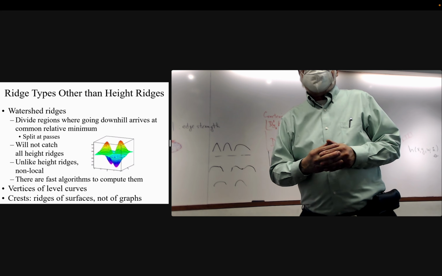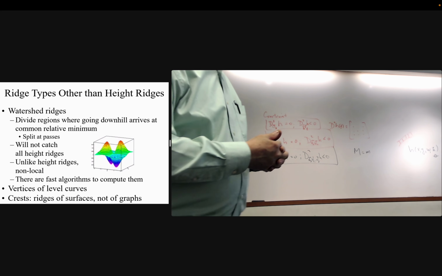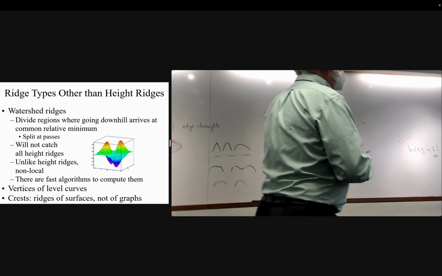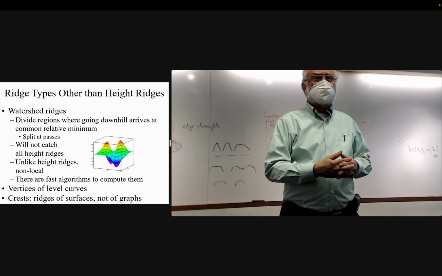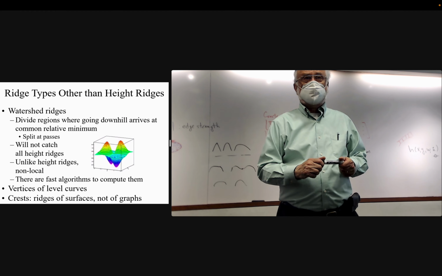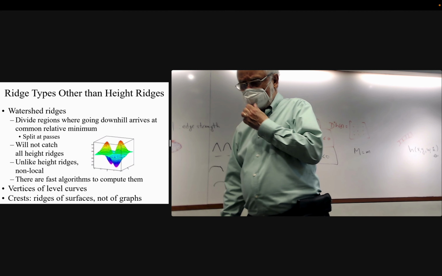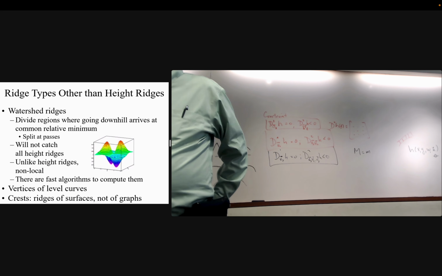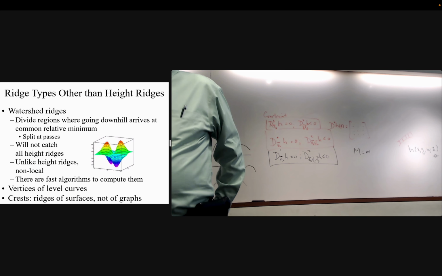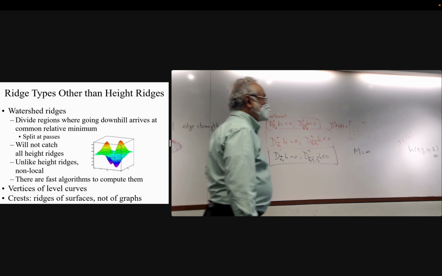Okay? But there are other kinds of ridges, and one in particular that's quite important. And it's used frequently, partially because it's very easy to compute, very fast to compute relative to these height ridge properties.